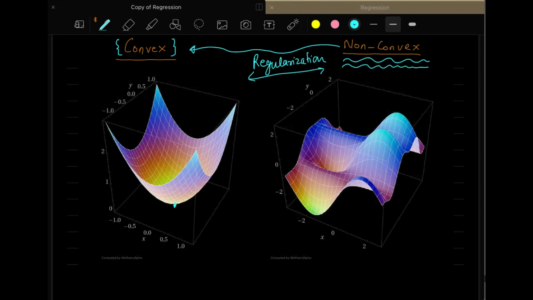But before that, we have to understand the basic concepts first and understand the need for doing regularization. So we will go step by step. This is one of the techniques which converts a non-convex function to a slightly convex function. It will not be completely convex, but it will be slightly better than the non-convex functions. We will discuss this later on.